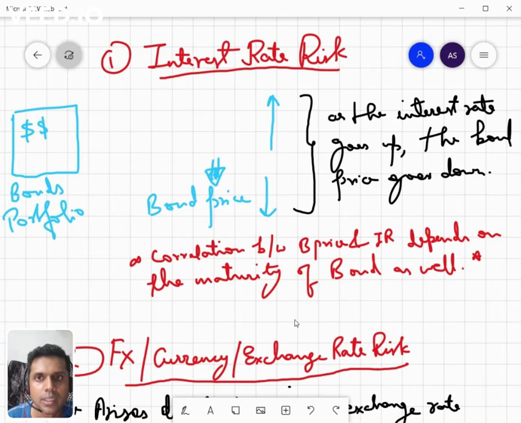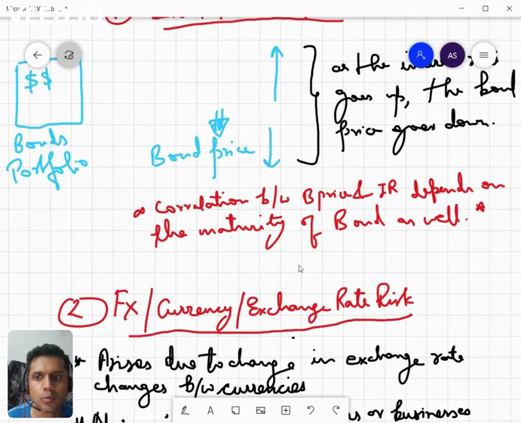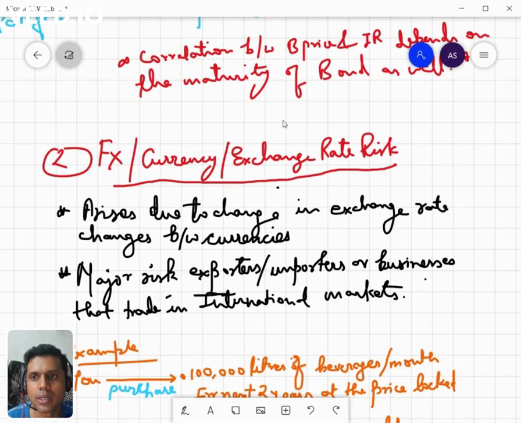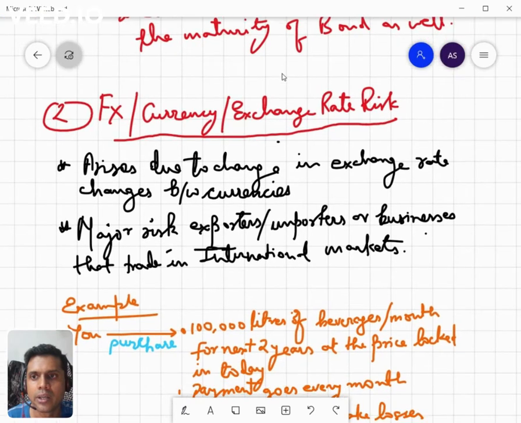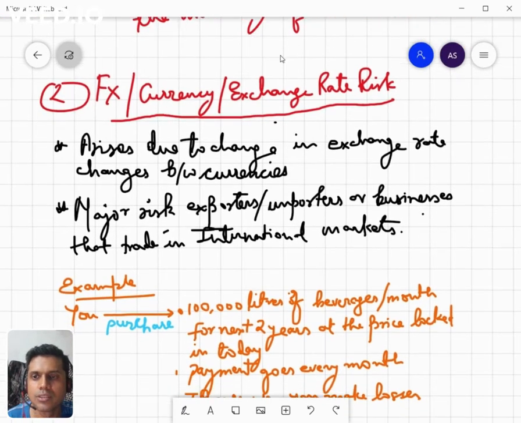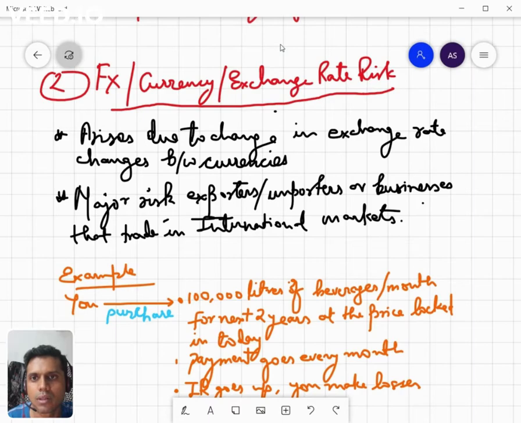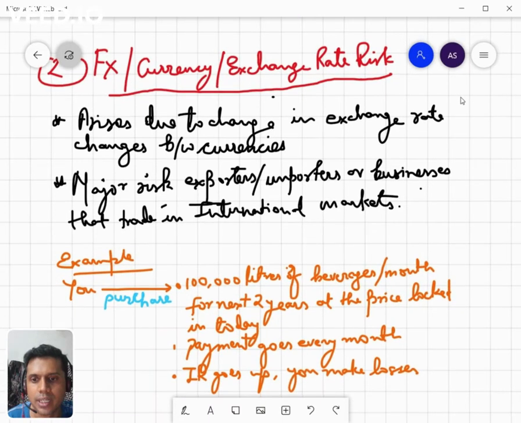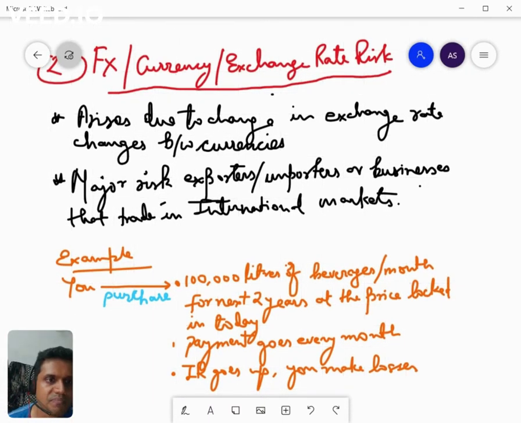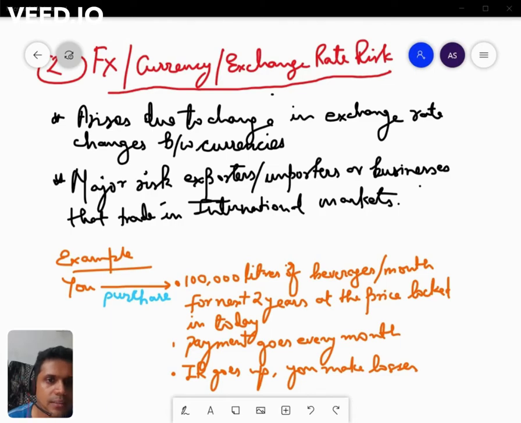With that, we will move on to the second type of market risk, which is called FX risk or forex risk or currency risk or exchange rate risk as well. So FX risk refers to the risk arising from changes in the exchange rates between currencies.